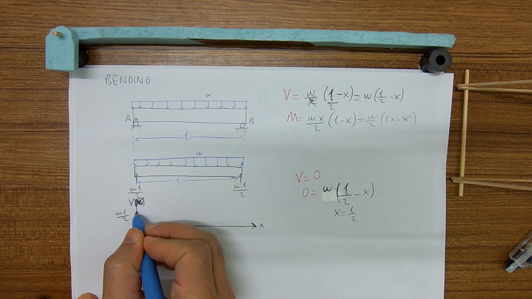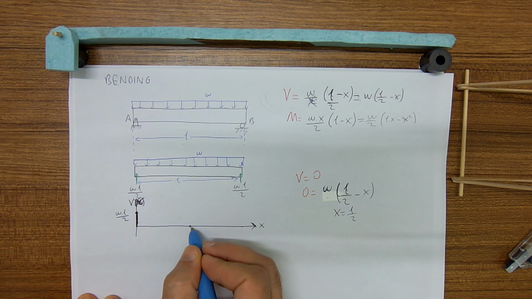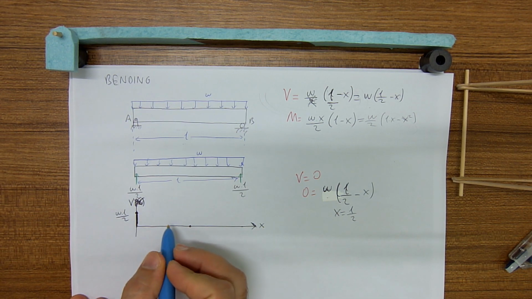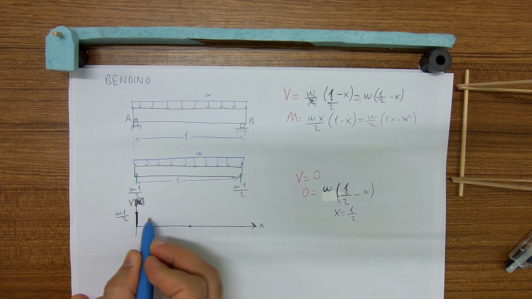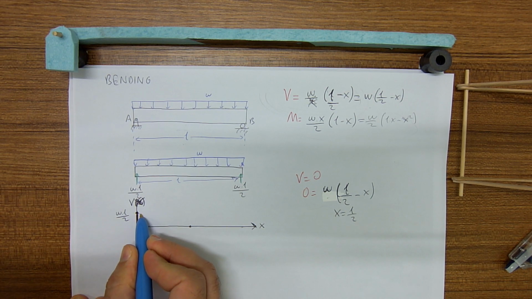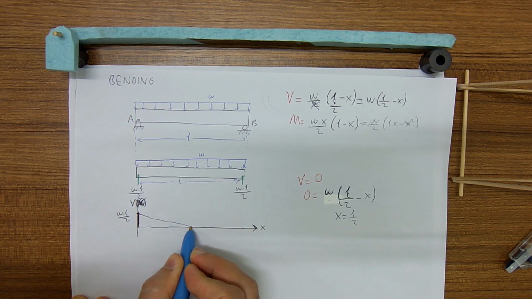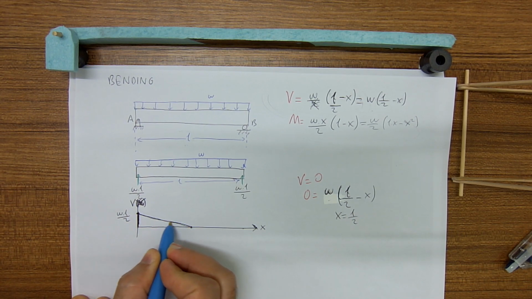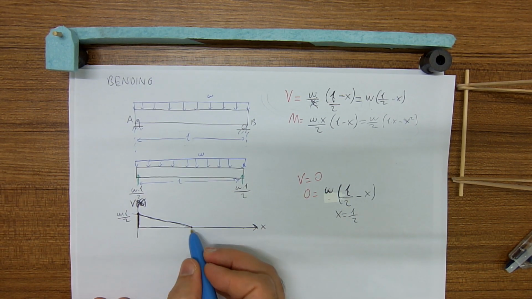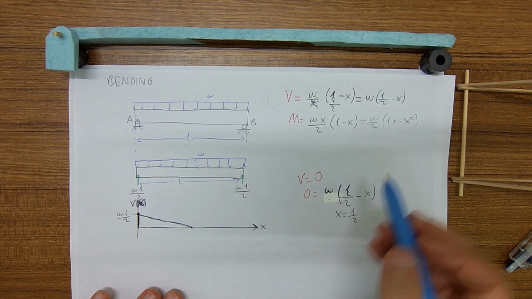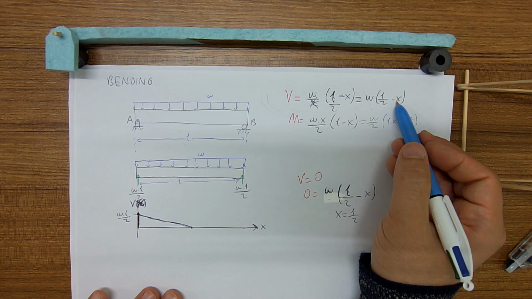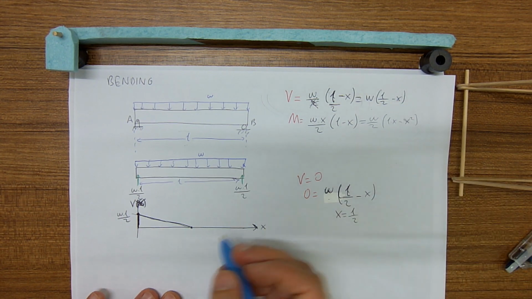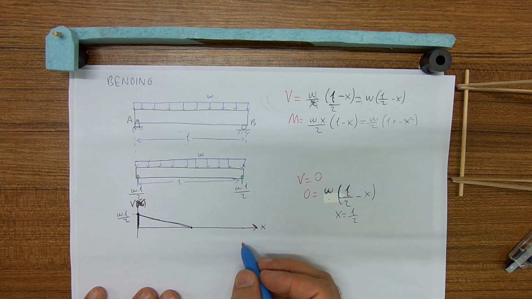Therefore, from the origin to the mid, the shear force will decrease linearly. After the midpoint, this keeps decreasing, but what will it be at the end?